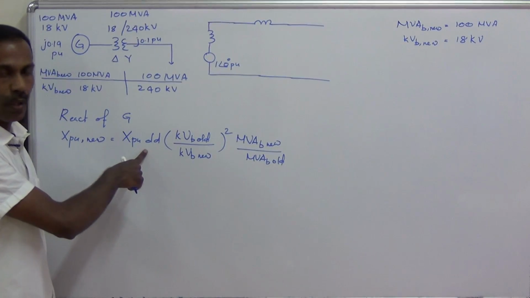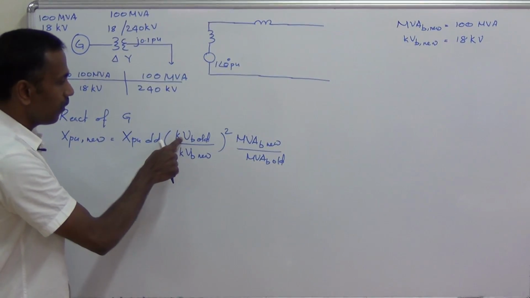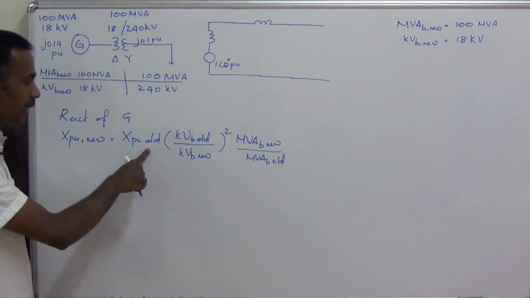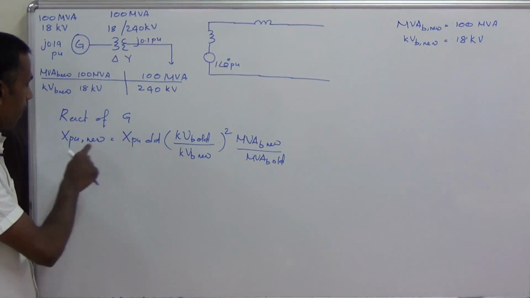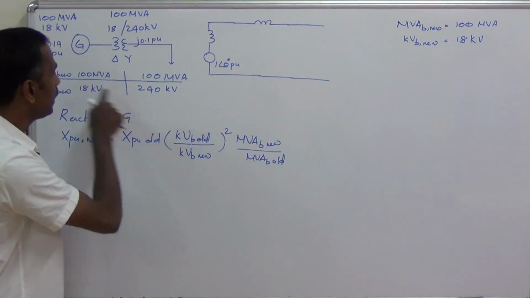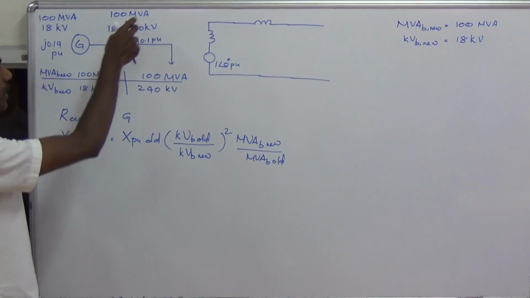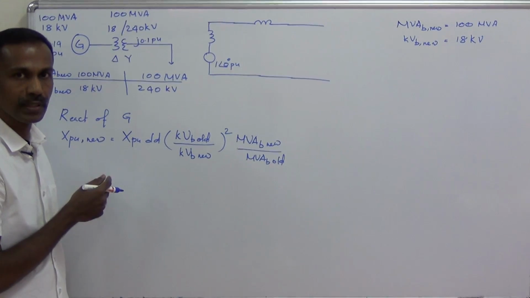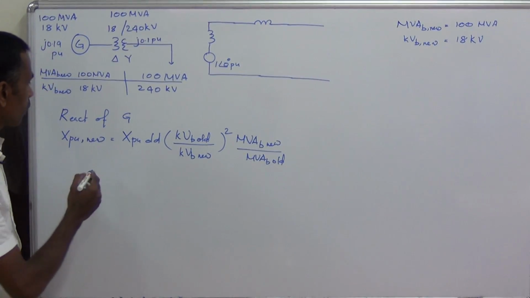The X per unit old is given with the base of its own rating. We have to convert this X per unit old into X per unit new with the new base values. These are the new base values, and these are the old base values. Old base values are the same as the rating of the equipment.